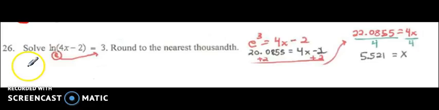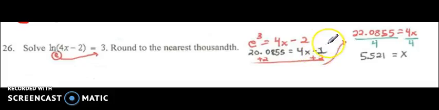In problem 26, I want to solve a natural log problem. A natural log, my base is e. So I want to first get rid of that natural log. So I am going to go e to the 3rd power. That's how I got e to the 3rd power equals 4x minus 2. On my calculator, e to the 3rd power, that's how I got 20.0855 equals 4x minus 2.